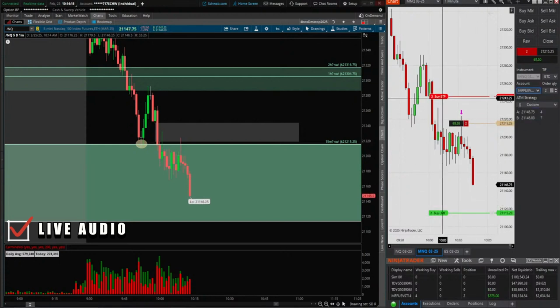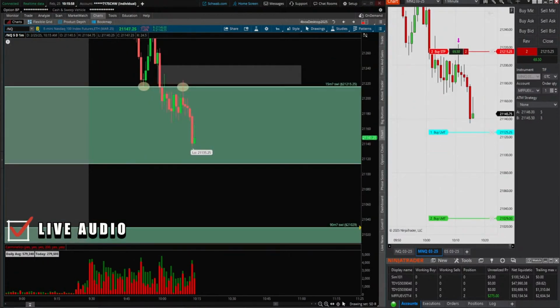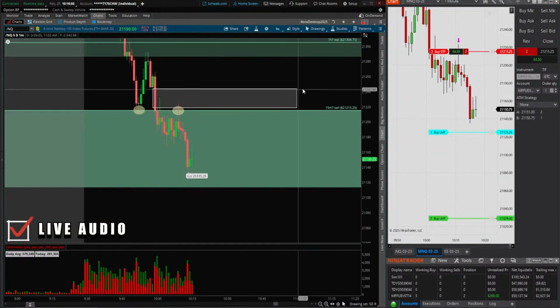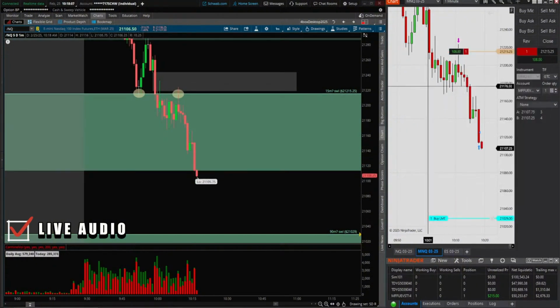This one I'm aiming for the lower. I'll move it to break even as well. This is the last contract. It's gonna either go to this demand or I'm gonna stop it out for break even.